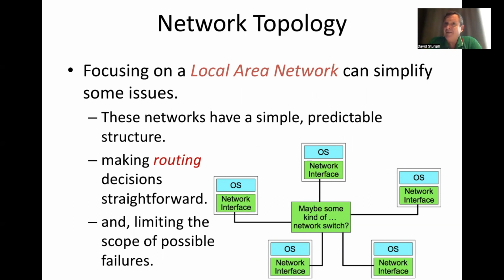This makes sending messages a lot easier because you can plan ahead for how the message is going to get from the source to the destination. Routing is how you choose the path that the message is going to follow. And on a small network, on a local area network, you can know enough about how the network's put together, or you can use some techniques like broadcast that may not scale to a larger network, but would work fine as a way of helping with routing on a local area network.